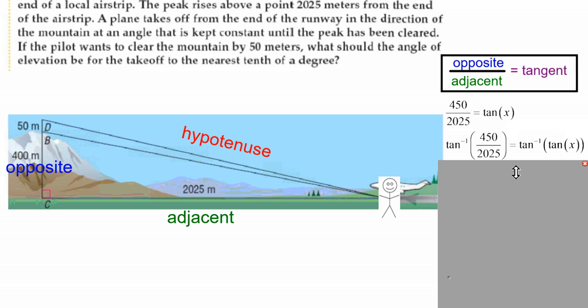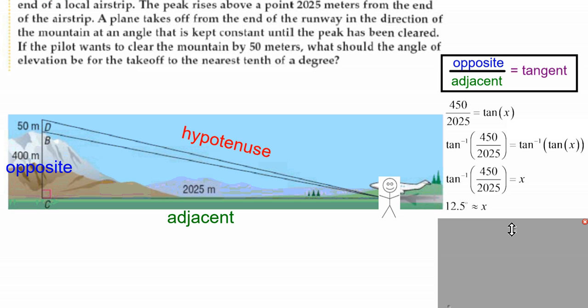So we just have x on the right-hand side. And then we just have to do the calculation on the left-hand side. So if I take the inverse tangent of 450 divided by 2,025, approximately we end up with about 12.5 degrees. That is the angle of elevation our takeoff needs to be in order to clear the mountain peak.